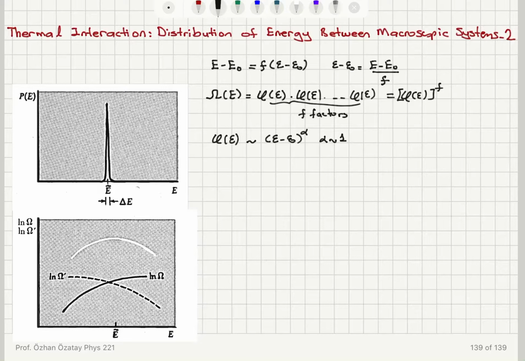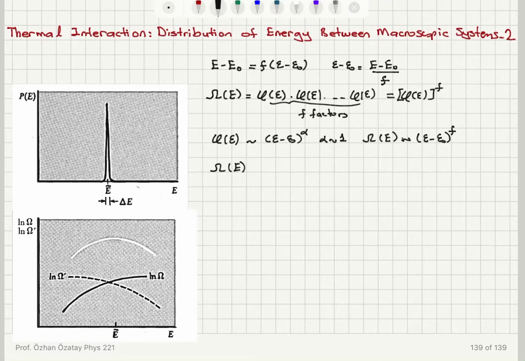So as the energy increases beyond the ground state energy, we have more values the quantum number can have. So the number of accessible states, to a good approximation, goes as epsilon minus epsilon 0 to the power f, where epsilon minus epsilon 0 is equal to E minus E0 divided by f.